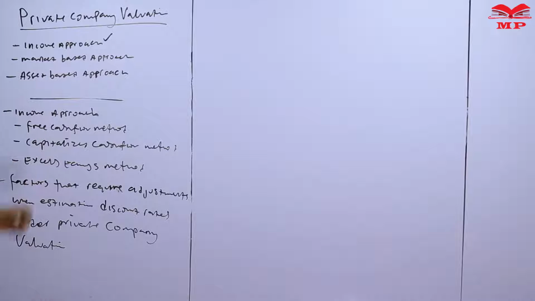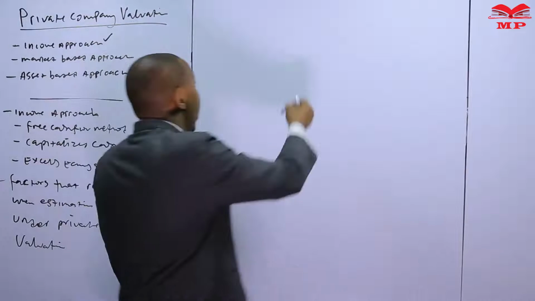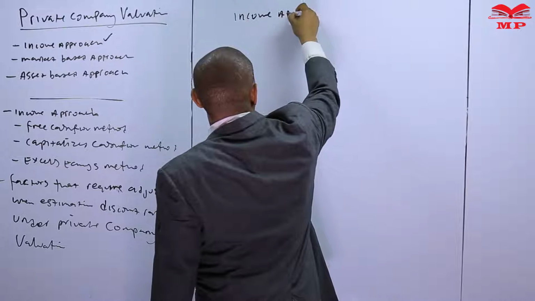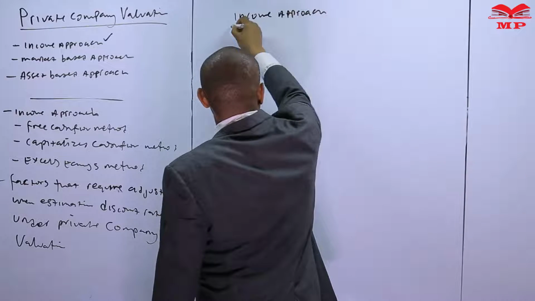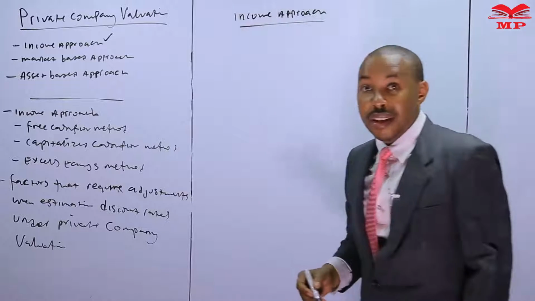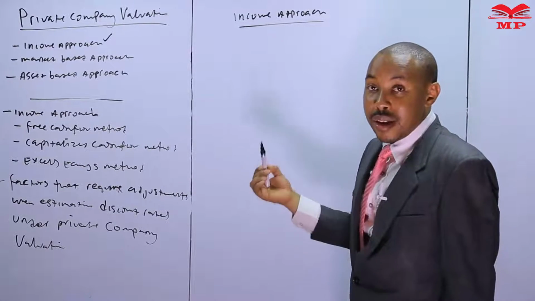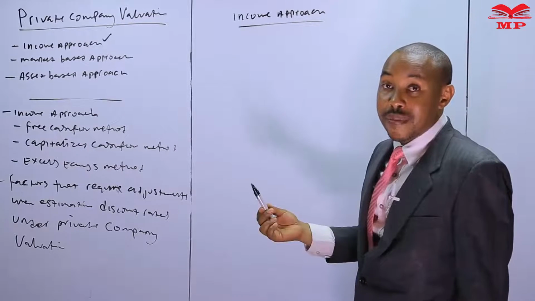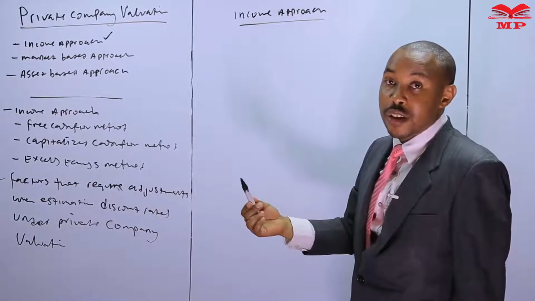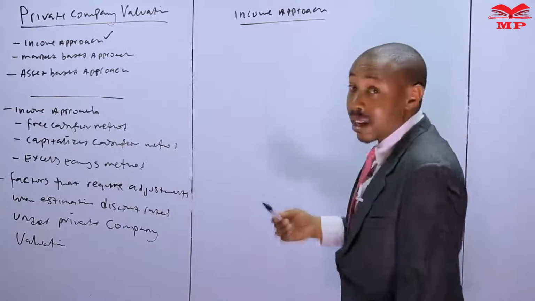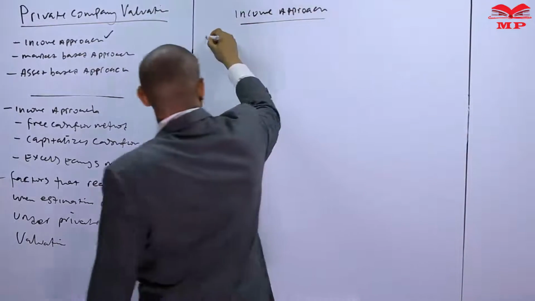We begin by looking at the income approach. In our previous lesson, we said the income approach requires us to estimate the present value of the expected future residual income.